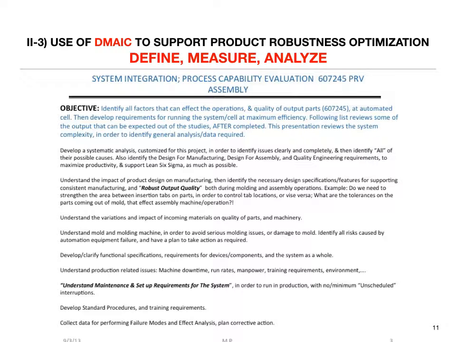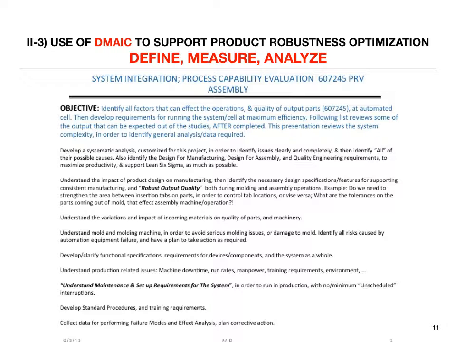Example: do we need to straighten the area between insertion tabs on parts in order to control tab location, or vice versa? What are the tolerances on the parts coming out of the mold that affect assembly machine operation?